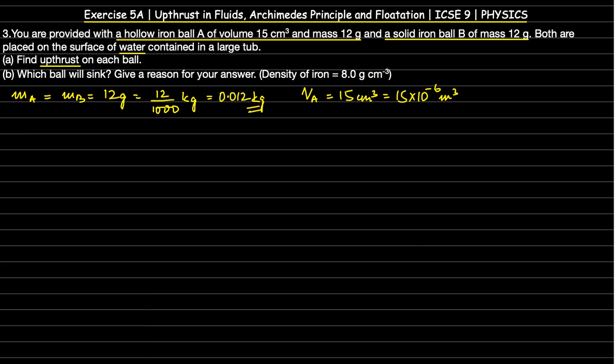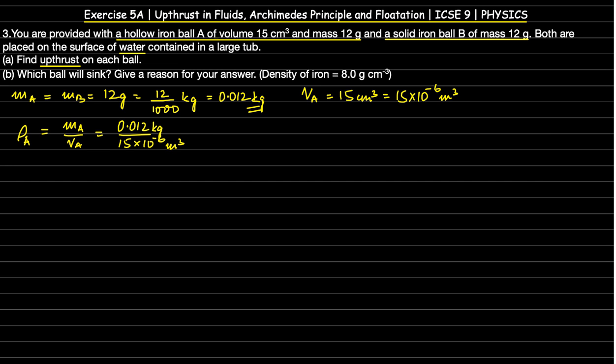So I would be finding the density of ball A. So I would write this as rho of A because rho denotes density, is equal to mass of A divided by volume of A. So mass of A, we just got it as 0.012 kg divided by volume of A, we got it as 15 into 10 to the power of minus 6 meter cube.